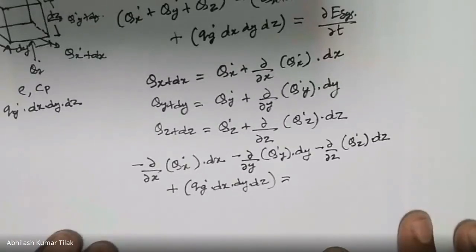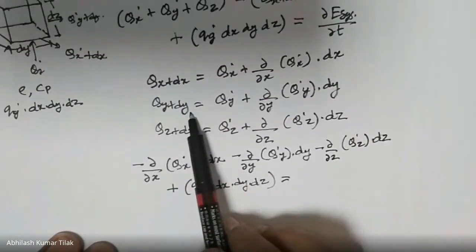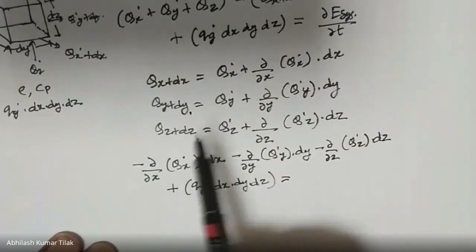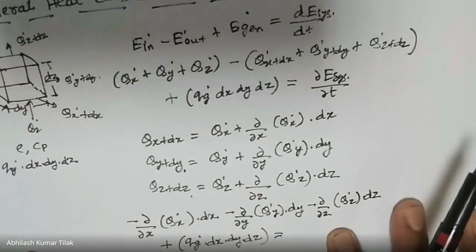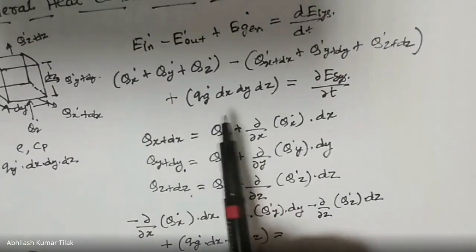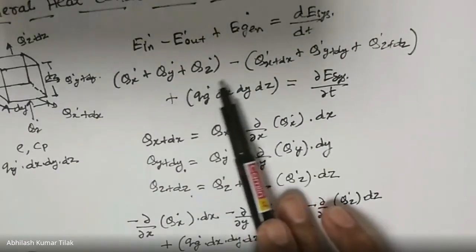So what I was saying is that if you put the values of q of x plus dx, q of y plus dy, and q of z plus dz into the equation above, which we have written for the energy balance, then qx, qy, and qz will be cancelled out in this equation.